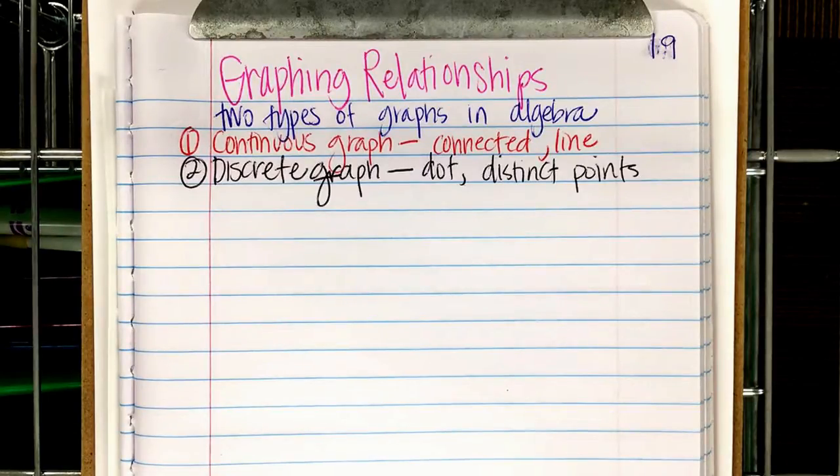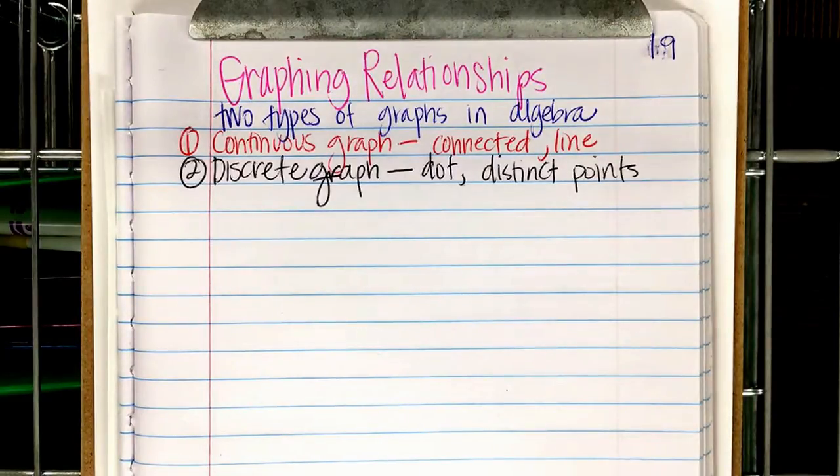If I am measuring the number of students who are in each of my classes, right? And I just keep adding a student. At first I have 25 students, then the next day I have 27 students, and then the next day I have 32 students, and then the next day I have 28 students, right? I'm measuring my attendance in my classes.